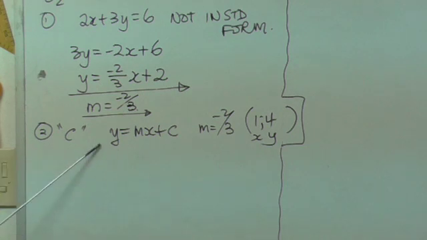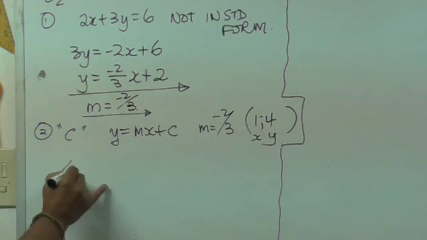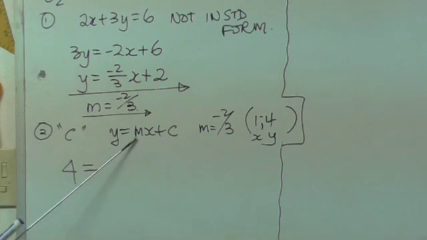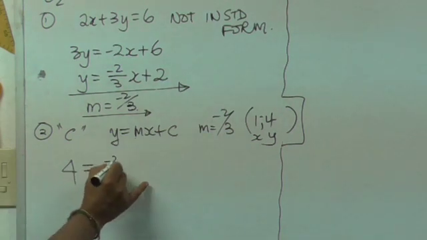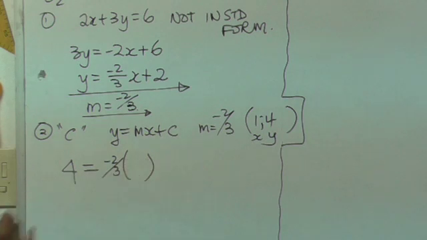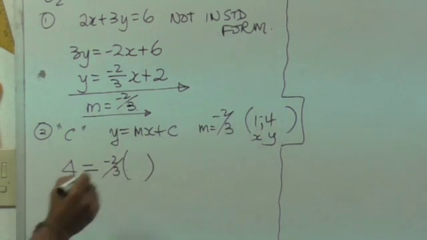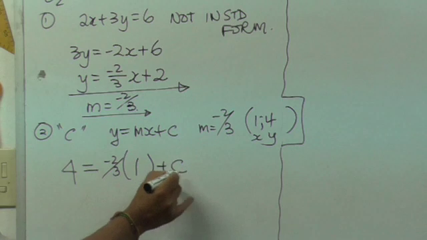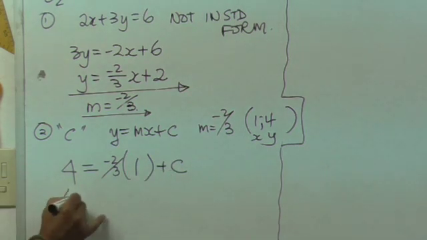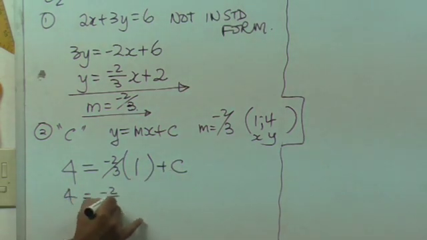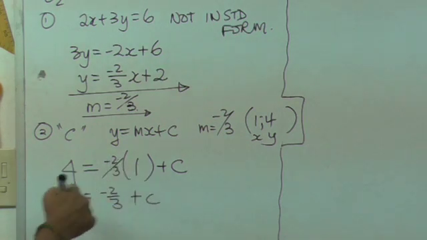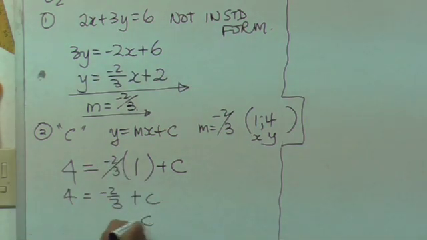So what is y? y is 4. So 4 is equal to m, which is minus 2/3, into x, which is 1, plus c. You are trying to solve for c. So 4 is equal to minus 2/3 plus c. Use your calculator. So c is equal to 4 plus 2/3, c is equal to 4 and 2/3.